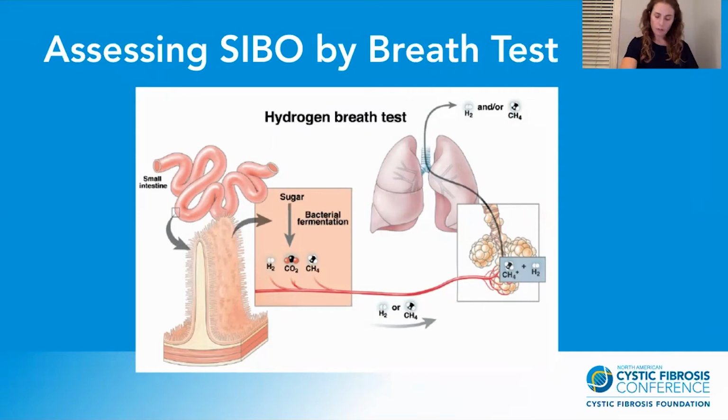So after a patient ingests the lactulose or glucose, it is exposed to the bacteria and the sugar is rapidly fermented to produce hydrogen gas that gets absorbed into the bloodstream and then is exhaled through the lungs. It is then collected and measured. A group of microorganisms called methanogens use hydrogen as a substrate for the production of methane. A rise in the concentration of hydrogen or hydrogen plus methane in breath samples makes the diagnosis of SIBO.